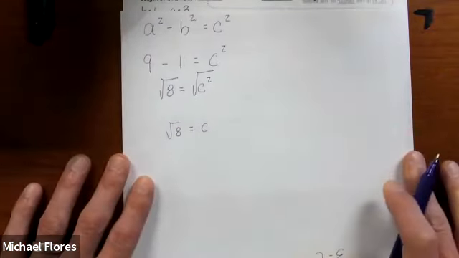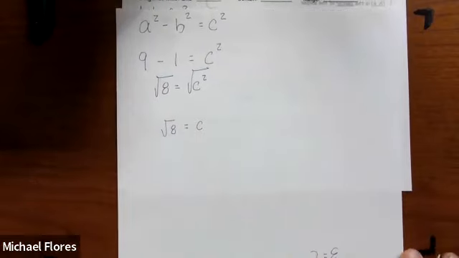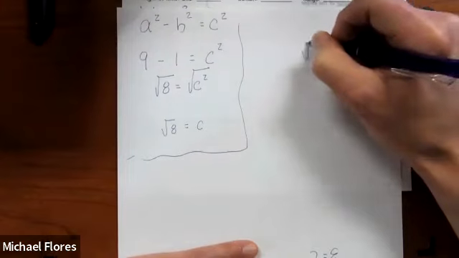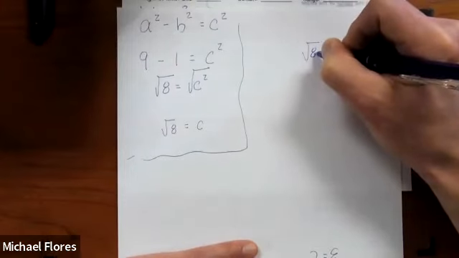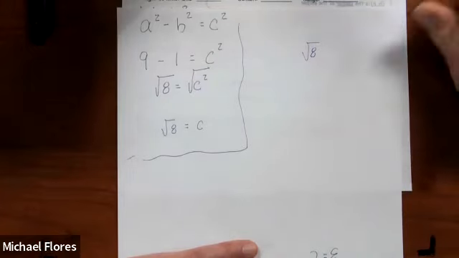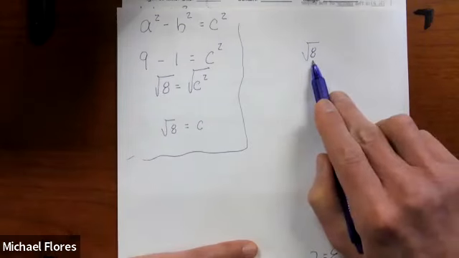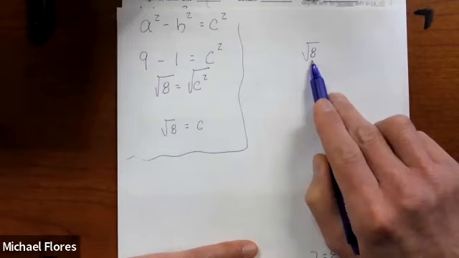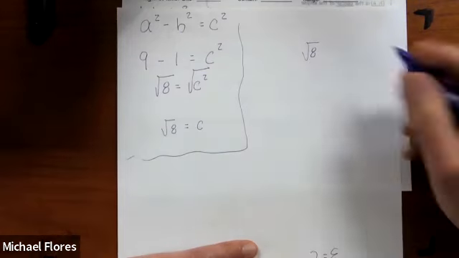Where and how do we plot the square root of 8? Well, we're going to have to do a little bit of thinking. Let me section off my work here. We have to figure out how would we graph the square root of 8. In order to figure that out, you got to think about what is the nearest perfect square after the square root of 8, and what is the nearest perfect square before the square root of 8. So here's what I mean.